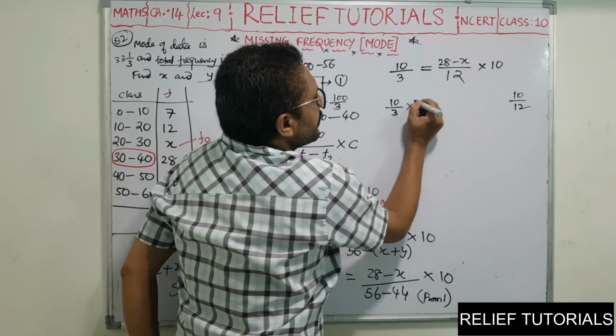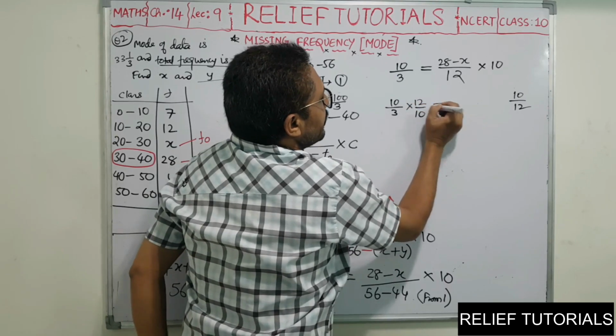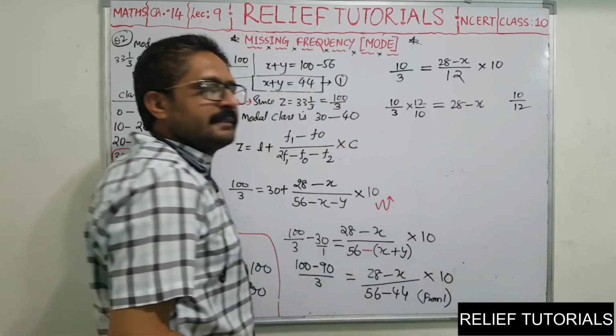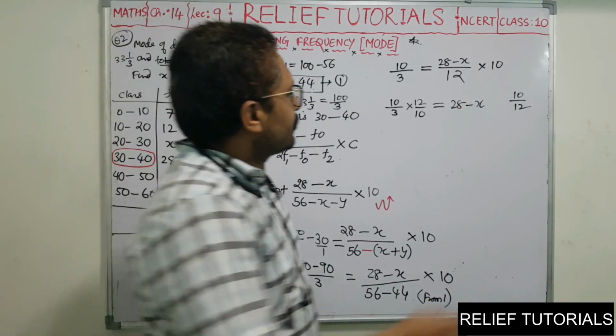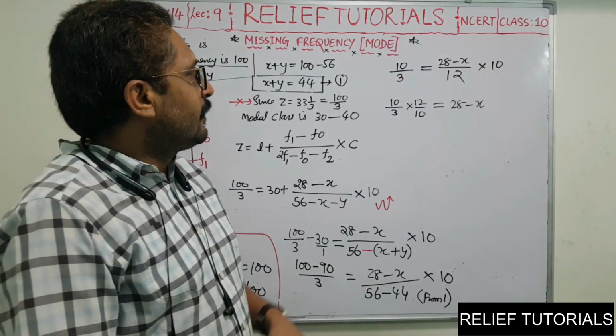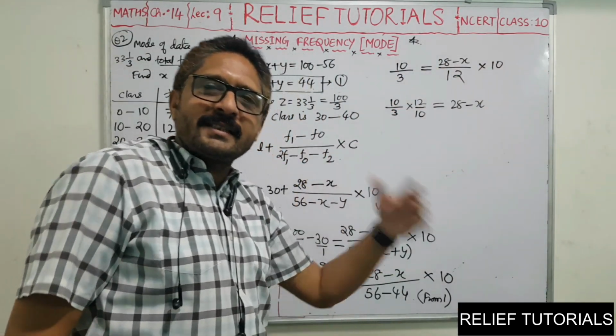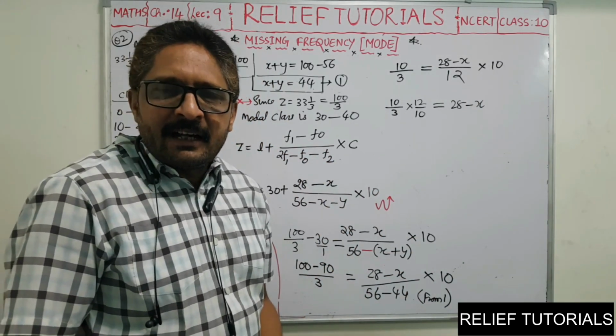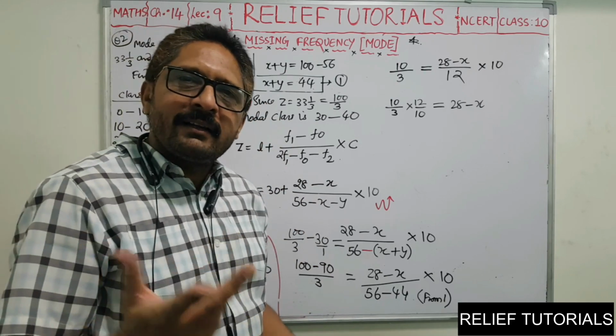So when it comes here, 12 by 10 is equal to what is left here, 28 minus x. Have you got it? So here we have only one term, that is x. All the remaining is on one side. Now it is easy to solve this equation, and once you get x, you will get y.